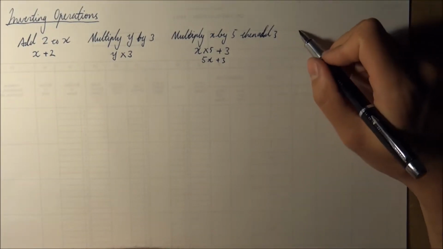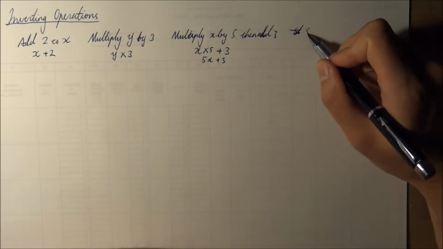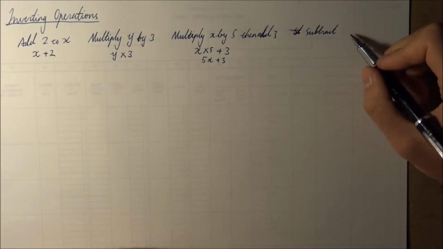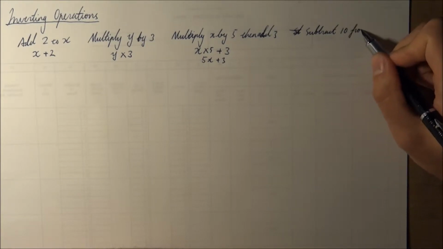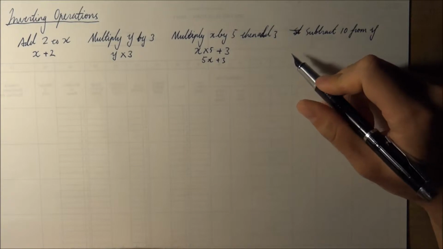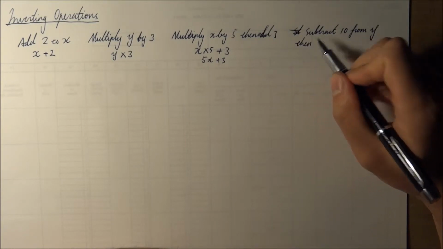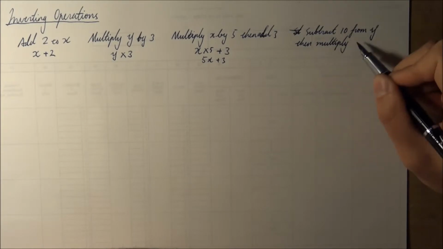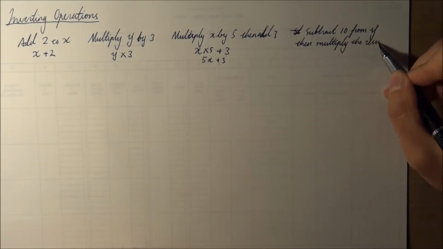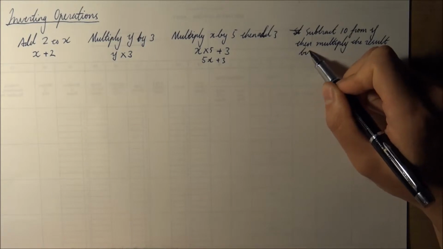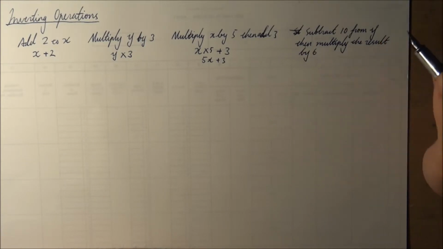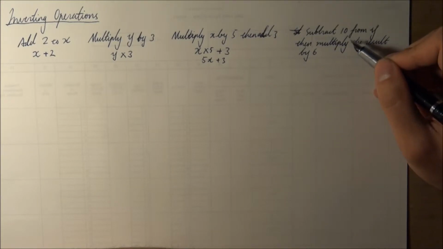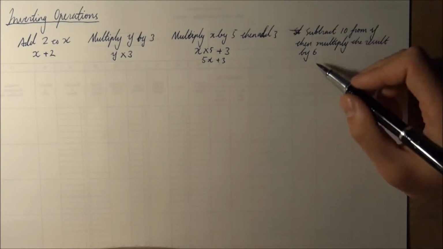For example, subtract 10 from y, then multiply the result by 6. So in this case, notice that subtraction happens first.